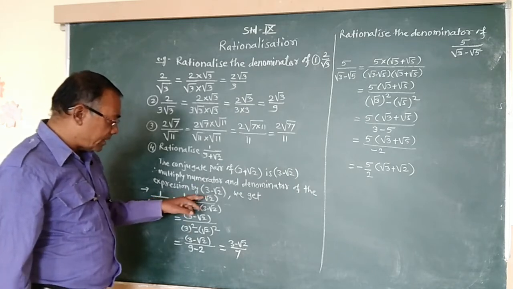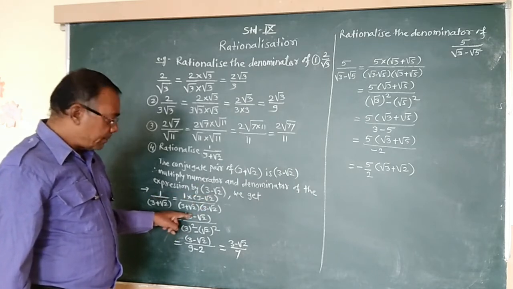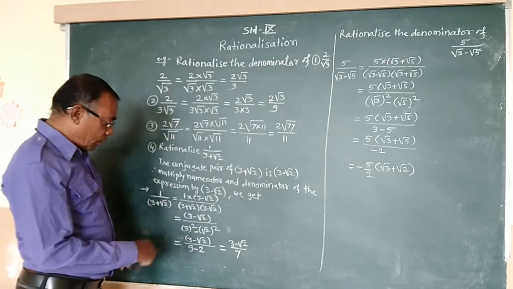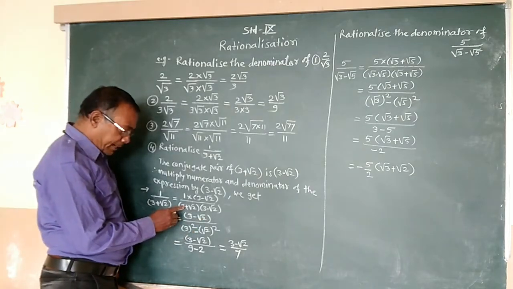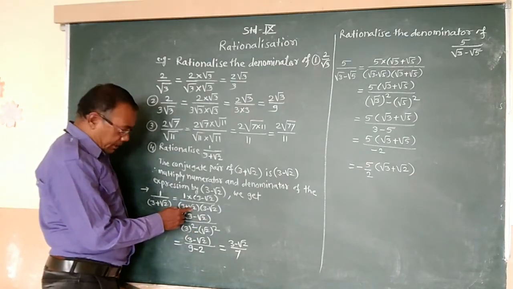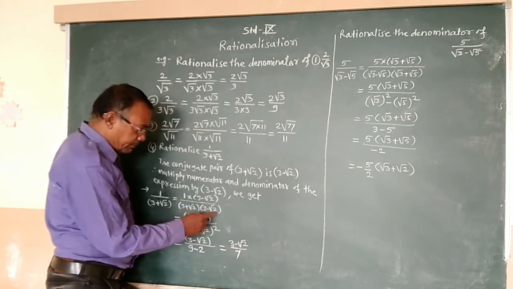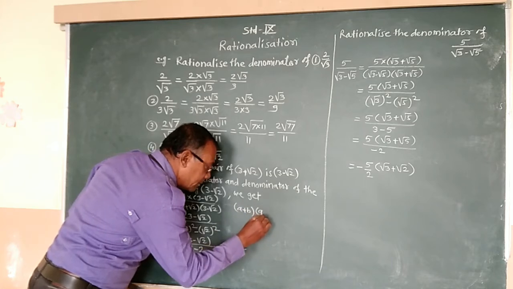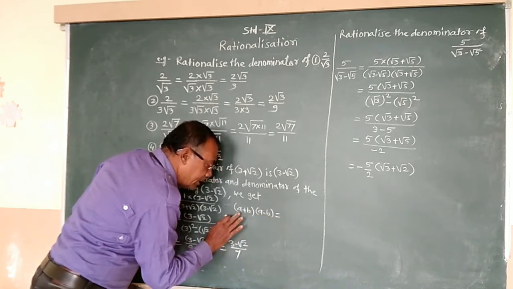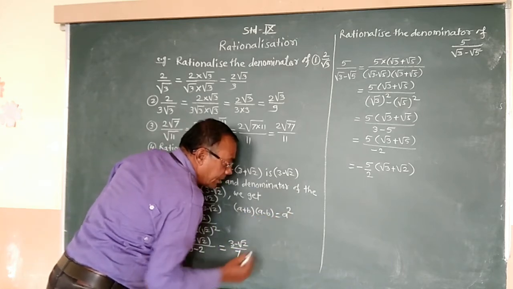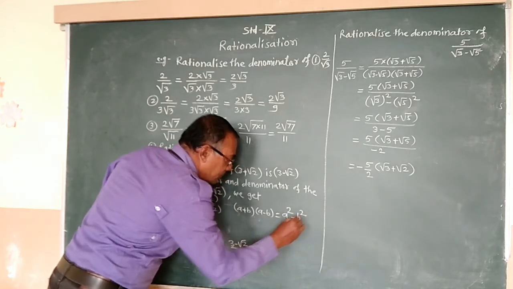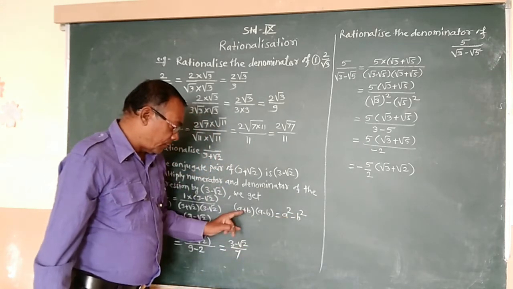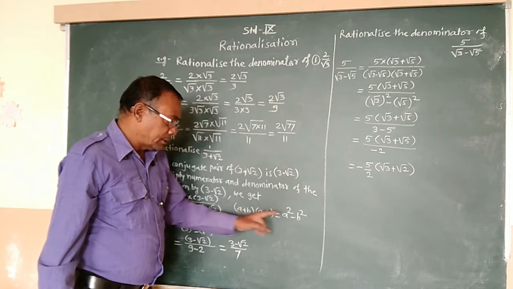Here 1 into 3 minus root 2 is 3 minus root 2 as it is. In the denominator, the conjugate pair means a plus b into a minus b, and its solution is a square minus b square, that is, the square of the first term minus the square of the second term.